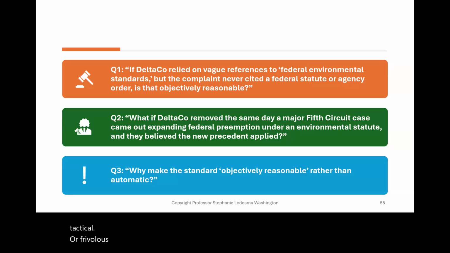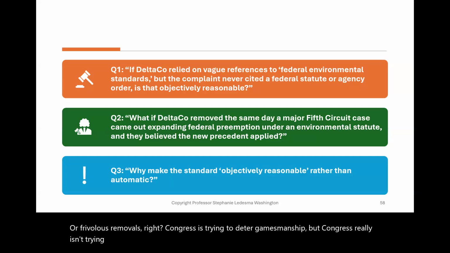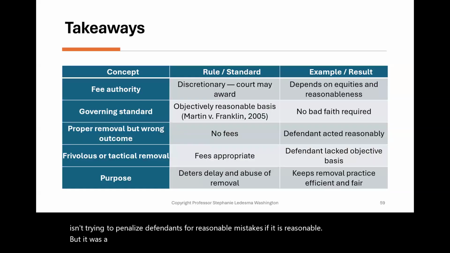Congress is trying to deter gamesmanship, but Congress really isn't trying to penalize defendants for reasonable mistakes. If it is reasonable, but it was a mistake, you're probably going to get the benefit of the doubt. If it was unreasonable, then it's going to start to look like bad faith.